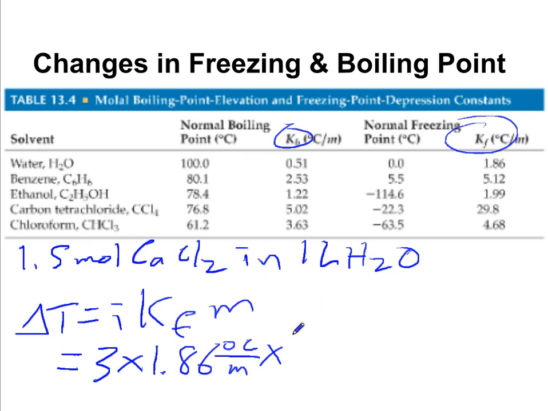Well, we've got 1.5 moles, and the density of water is 1 gram per milliliter. So if we've got 1,000 milliliters in 1 liter, we have 1 kilogram. So it's actually 1.5 divided by 1, or just a 1.5 molal solution. So 3 times 1.86 times 1.5 is going to be equal to 8.37.